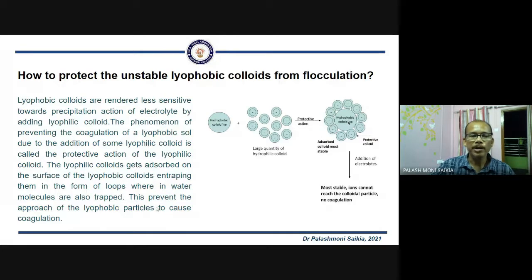So they are cased, and this prevents the lyophobic colloids from approaching closer. The most probable explanation is that they get absorbed and entrap them in the form of loops, in the form of a case, and as a result the particles cannot approach each other, and they cannot coagulate.